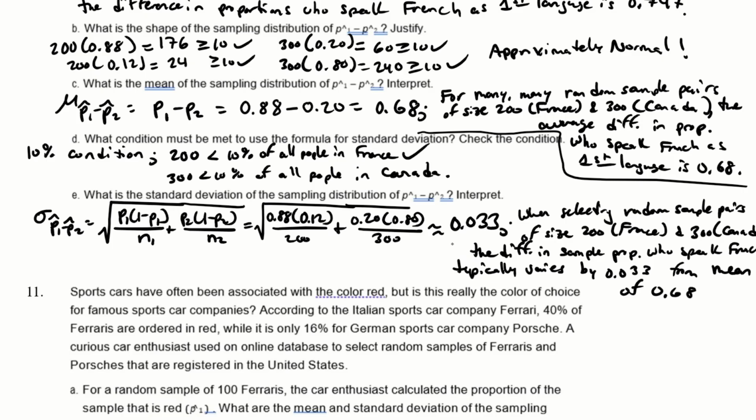Okay, so that's the interpretation, that on average, it typically varies 0.033 from the mean, when you're looking at specifically 200 random people from France, 300 from Canada, etc., etc.